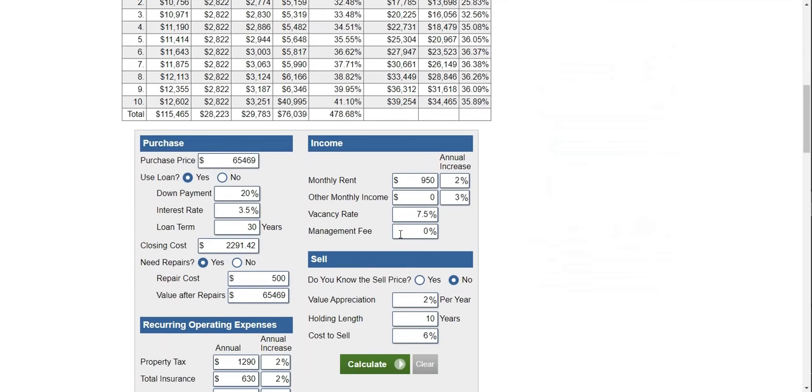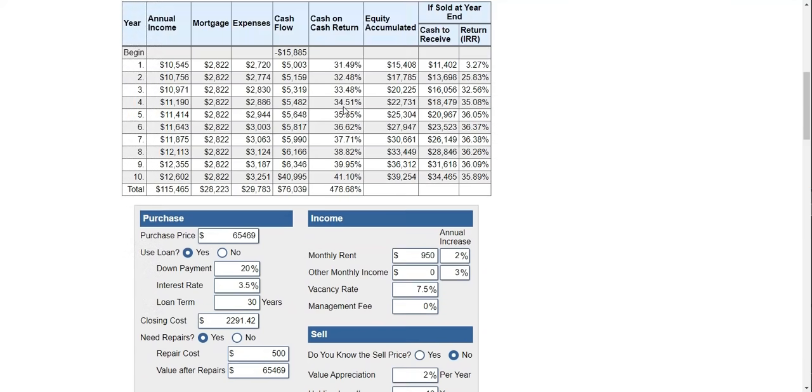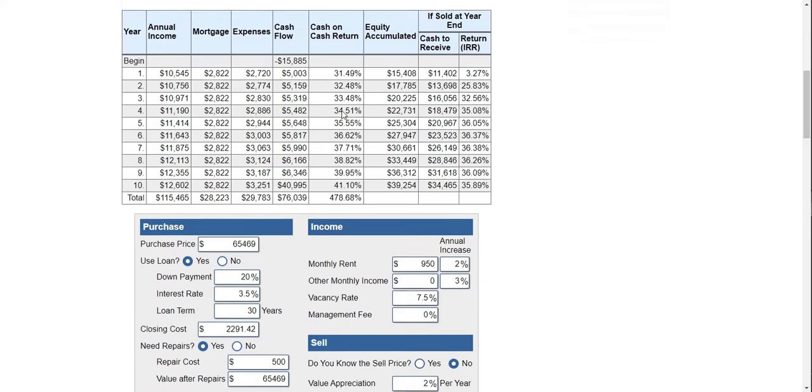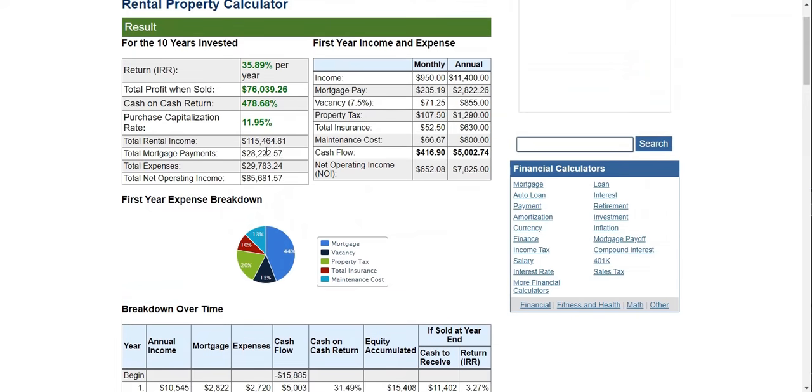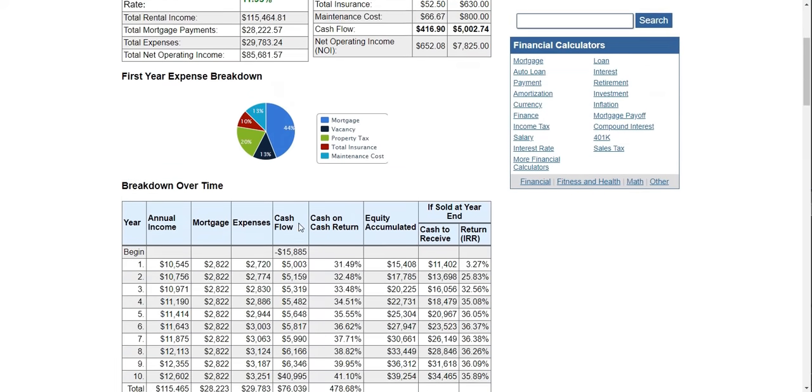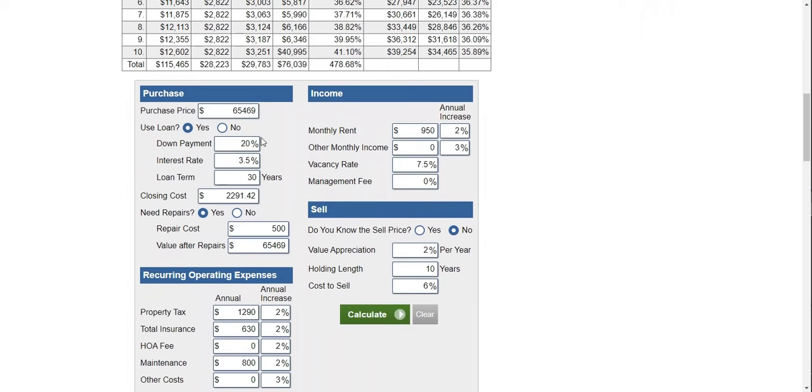The other thing that you can do with this calculator, once you have this initial set of numbers, if you didn't like the way some of these numbers look, you could come down here and play with some of these inputs. For instance, you recalculate what it would look like if you got the property for a different purchase price. If you were able to get this property for a lower price, obviously it's going to affect your rate of return.